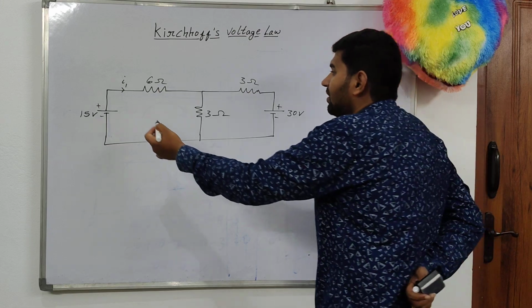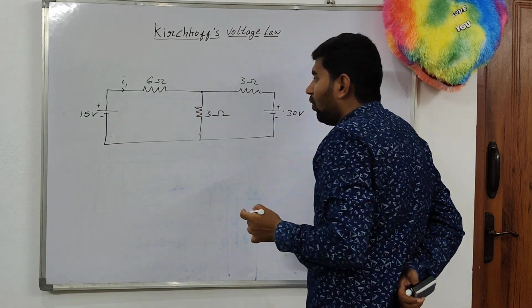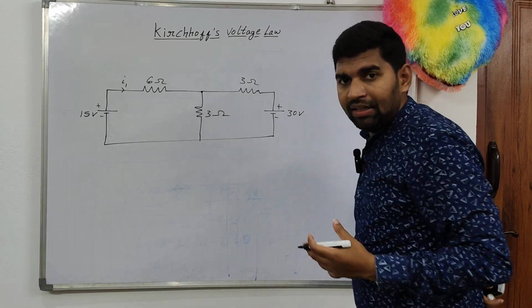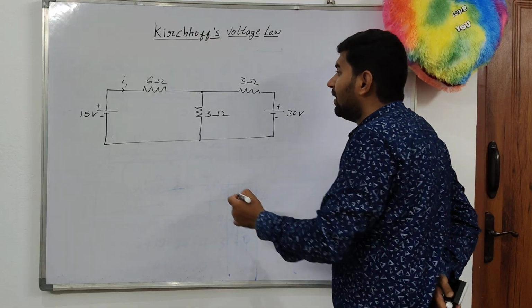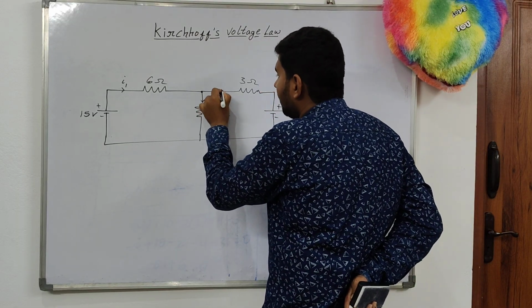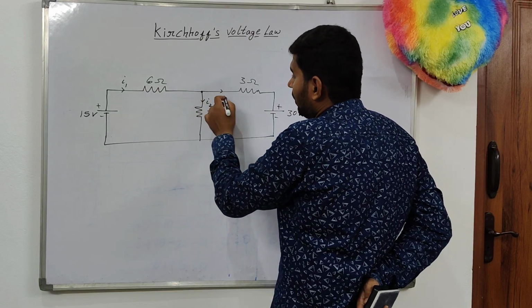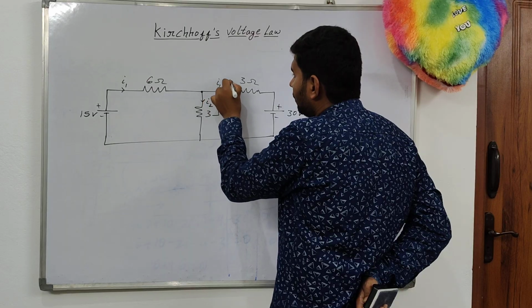The current passing from here to here, if you observe, this is the junction point. According to KCL, the sum of the incoming currents is equal to the sum of the outgoing currents. Here I1 is passing, here I2 is passing. How much current is passing here? I1 minus I2.